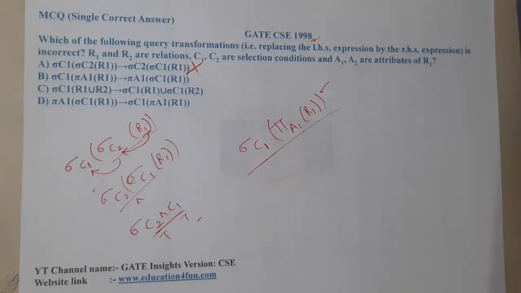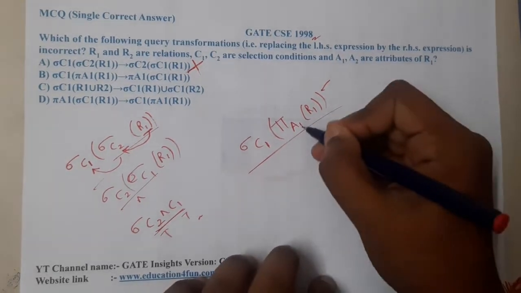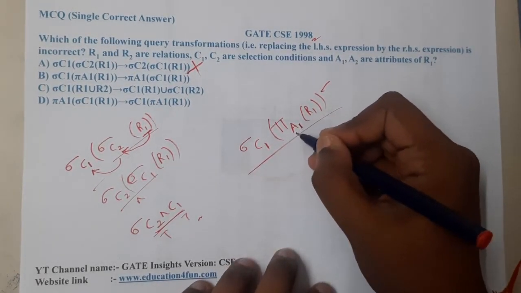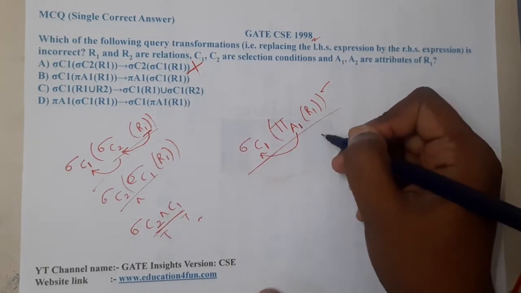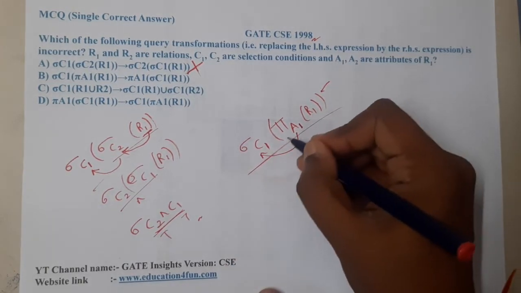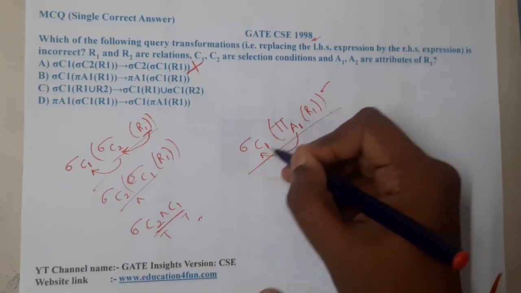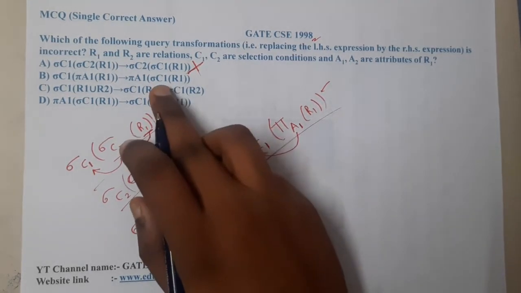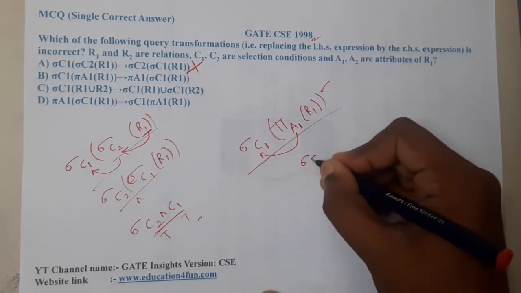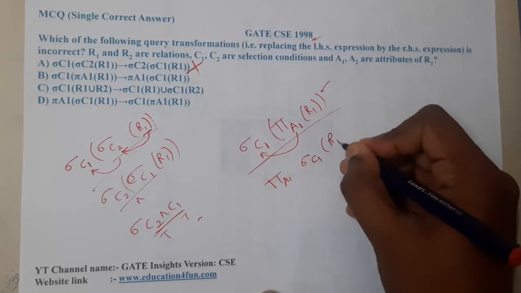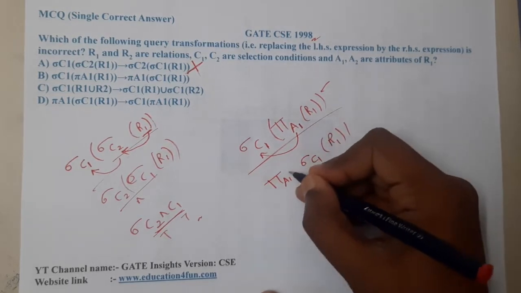First we are projecting the data with respect to pi A1, and then we are checking the condition. So first we are getting the table data, printing that data and checking it. On the other hand, first we are checking the data, then we are printing it. I think there will not be any issue if we follow this order, right?